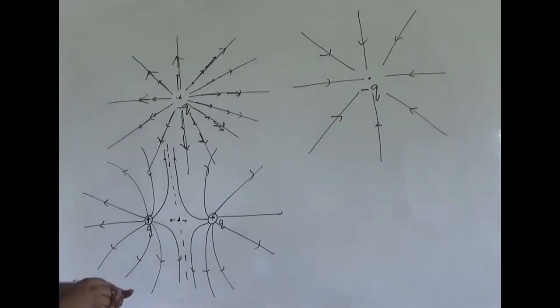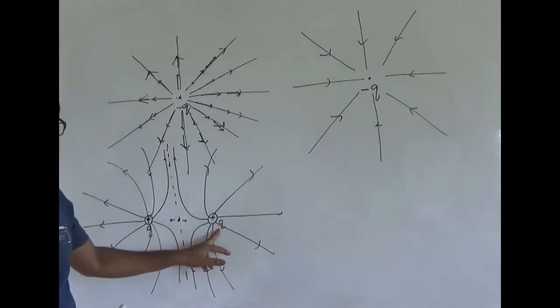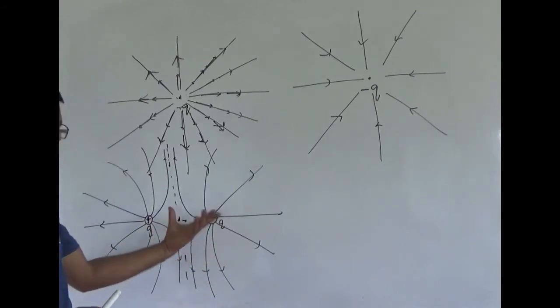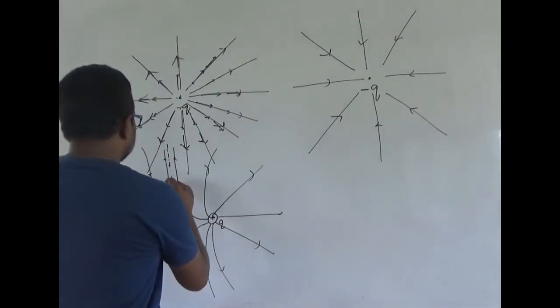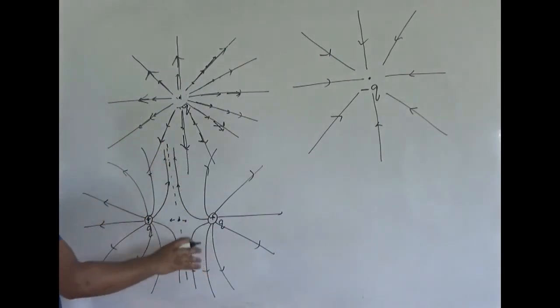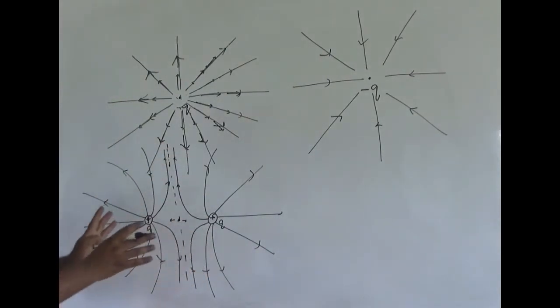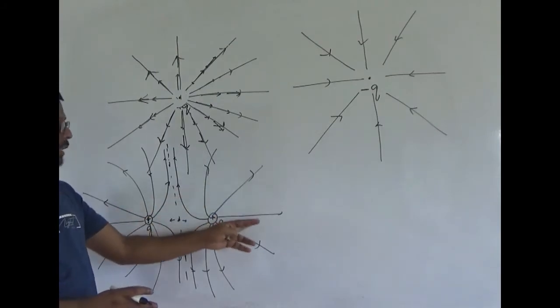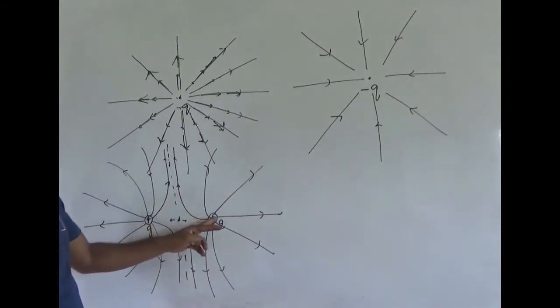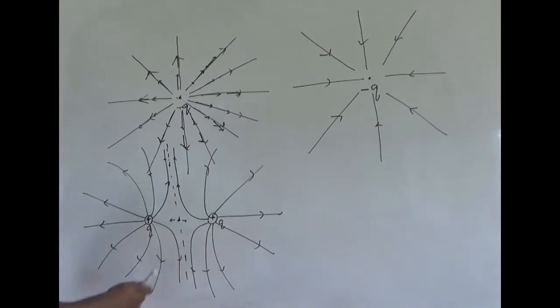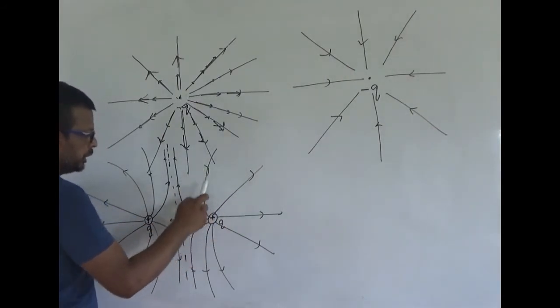Again, if we take two negative charges of same magnitude, then electric field lines will be the same type, but the direction will be opposite. That means if this is minus charge, this is minus charge, then this arrow will be in the opposite direction.